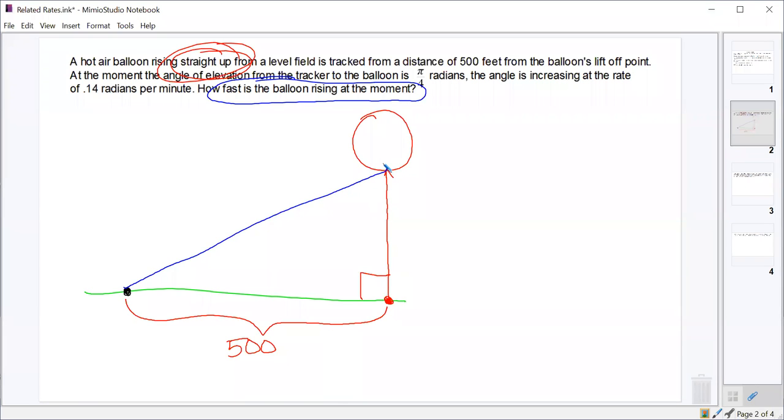Do we know what that distance is? No. So since it's in the y direction, let's call it y. Good with that? Yes. Okay. That tells us we want to know how fast y is changing, or dy/dt. So we're looking for the rate of change with respect to time of y. Everybody good with that being what we're looking for?